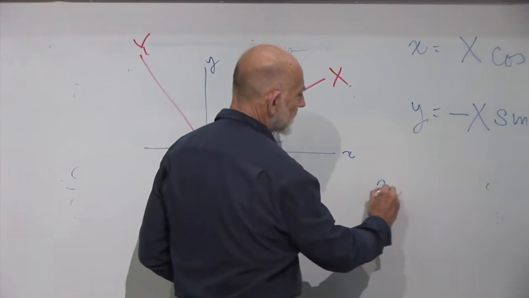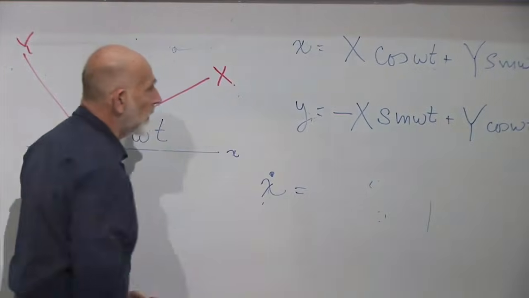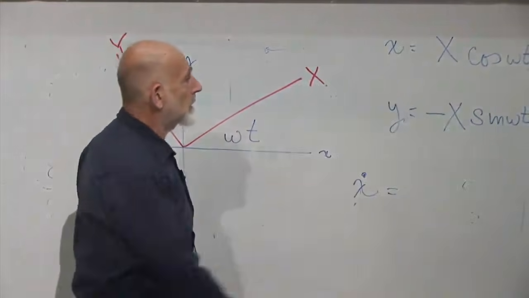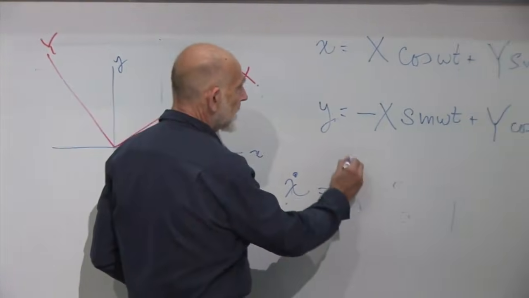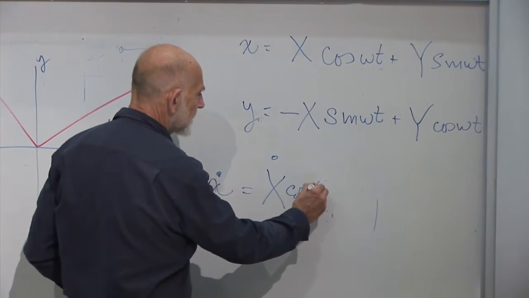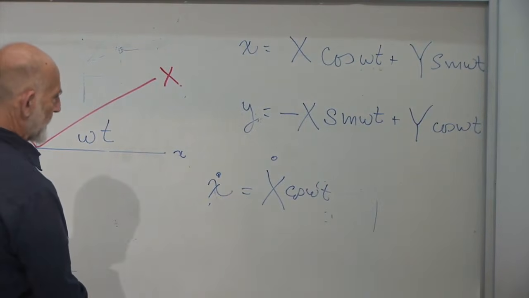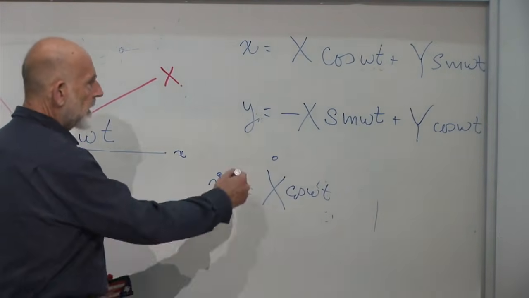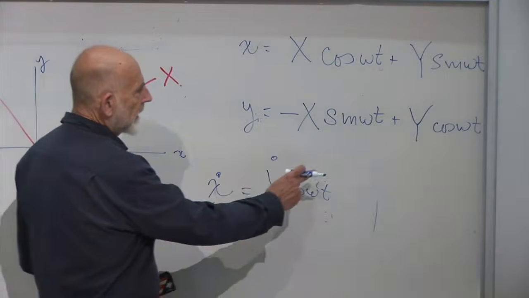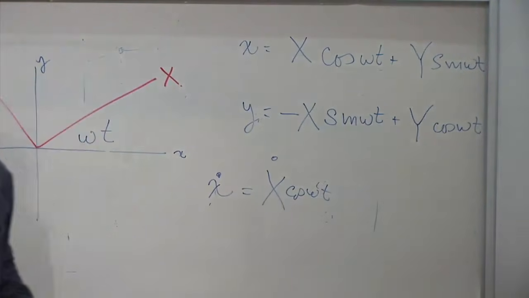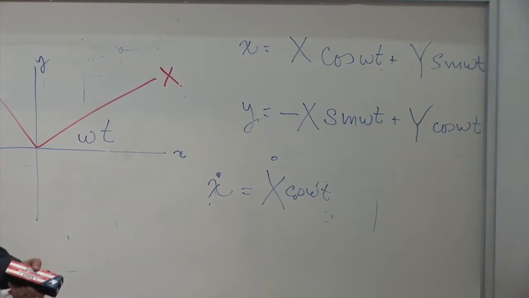Little x dot is equal, we're just going to differentiate this with respect to time. It's big X dot times cosine omega t, and now we have to differentiate the cosine, which also depends on time.